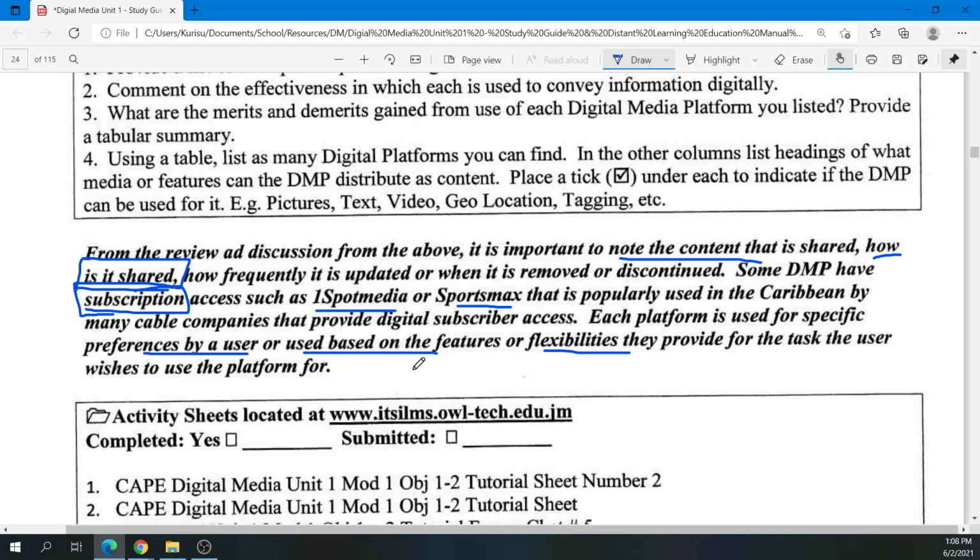For example, if we compare TikTok and YouTube, both are video based platforms, and they both have video content on them. But why would a person prefer one over the other?